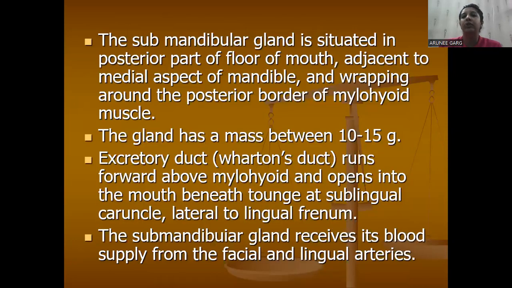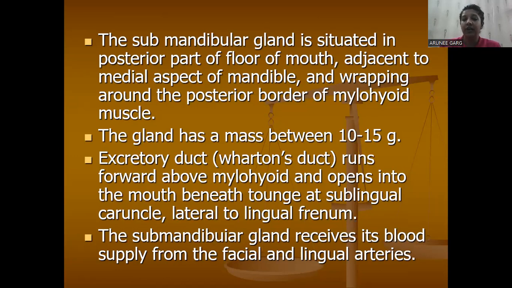The submandibular gland is situated in the posterior part of the floor of the mouth, adjacent to the medial aspect of the mandible and wrapping around the posterior border of the mylohyoid muscle. The gland has a mass between 10 to 15 grams. The duct of the submandibular gland is called Wharton's duct. It runs forwards above the mylohyoid muscle and opens into the mouth beneath the tongue at the sublingual caruncle, lateral to the lingual frenum.